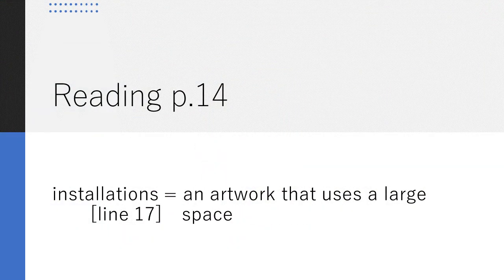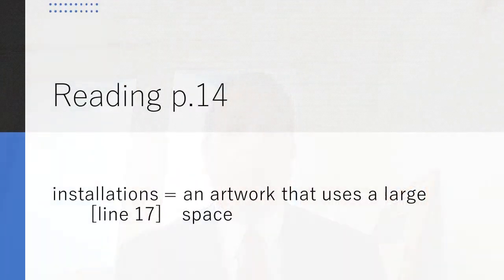The next word to talk about is installations. Now, we're going to see a more formal definition of installations in a later chapter, in the art terms and concepts section. But for now, let's just say an installation is an artwork that uses a large space.